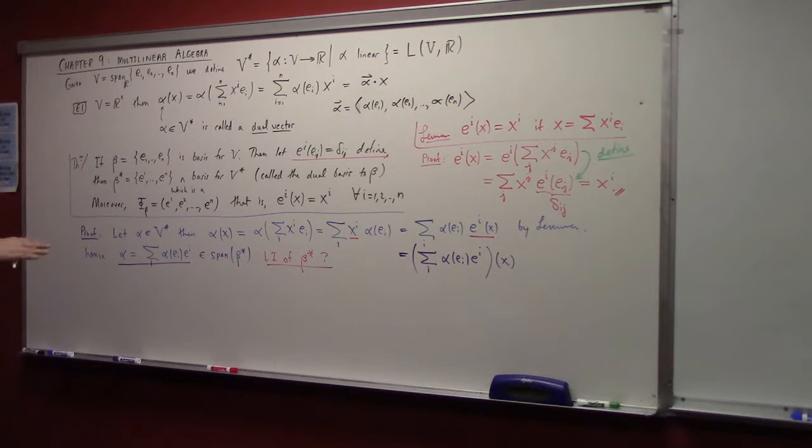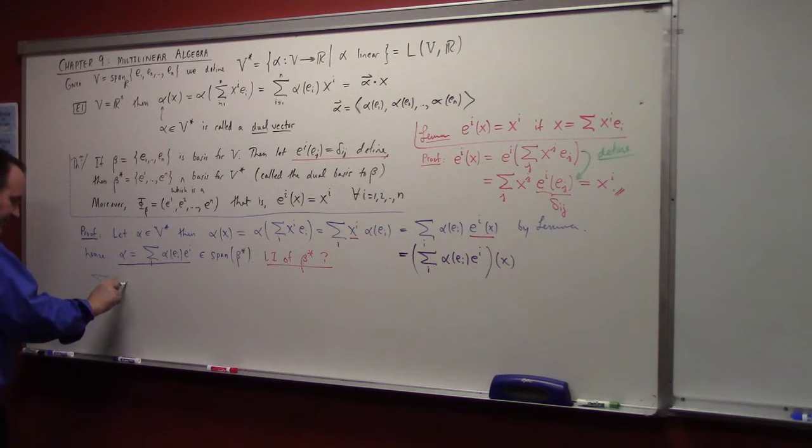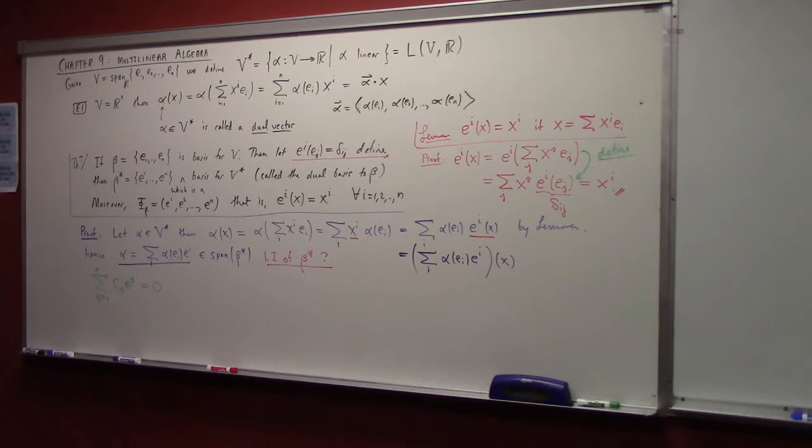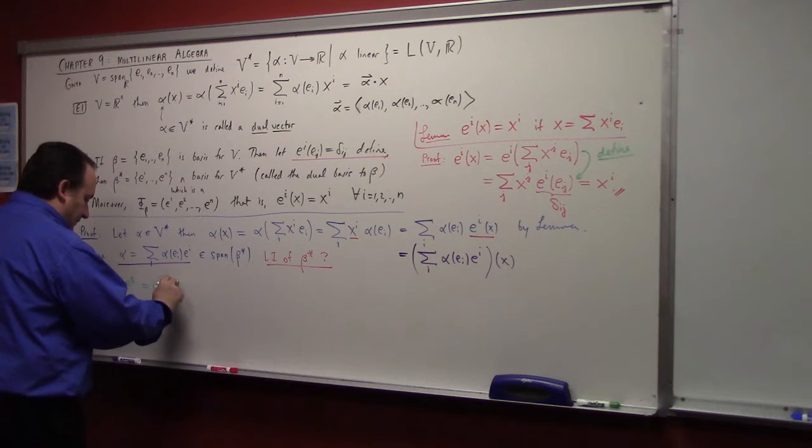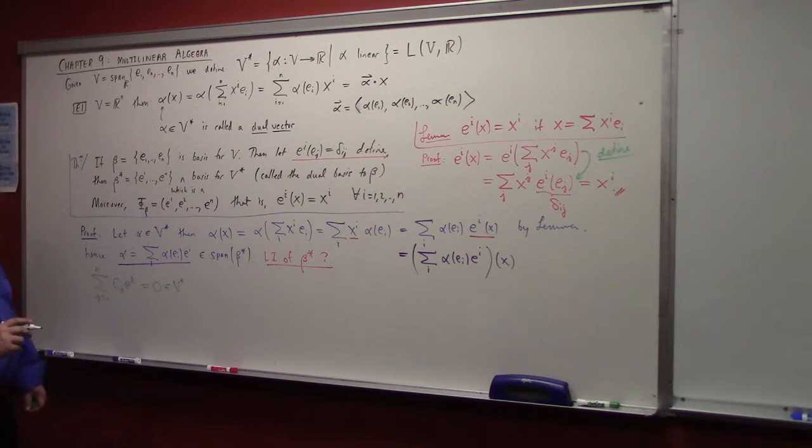So, linear independence of beta star. Well, suppose that you've got the sum over j of c_j e upper j, with j equals 1 to n, and suppose that's equal to 0. Well, this is 0 in V star, so we're talking about the zero transformation.